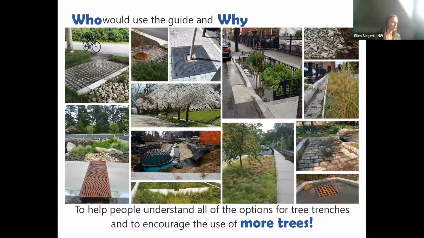So like Brian mentioned in the beginning, this would really be for people to understand the different options in relationship to the components that Brian had mentioned, and to use this guide as a companion so that these can be designed for individual sites as someone's looking at it, and to talk with engineers and designers about what's going to fit best. Also, of course, to make sure we're including trees in all of our practices and that they are in places that they will be healthy and provide the most benefit.